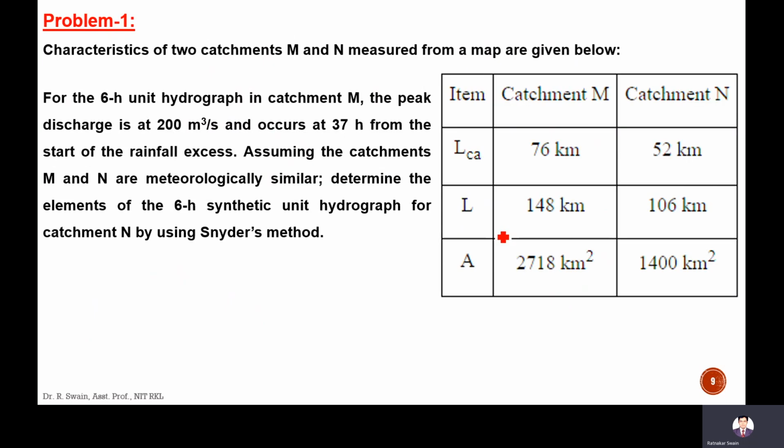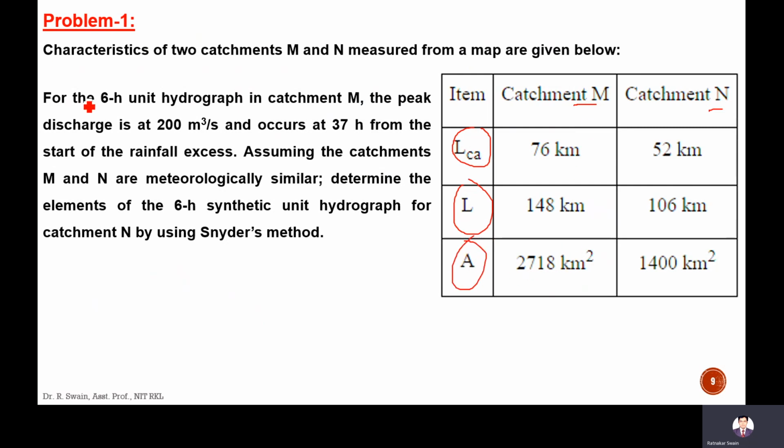Let's solve this problem. There are two catchments, M and N. It says that the characteristics of the two catchments M and N, measured from a map, are given below. Means L, LCA and A are given. A is my catchment area.